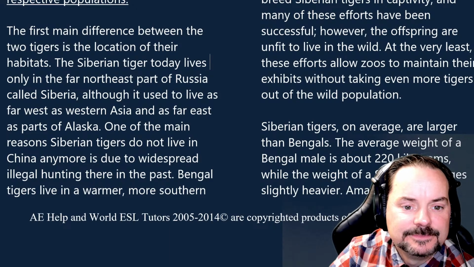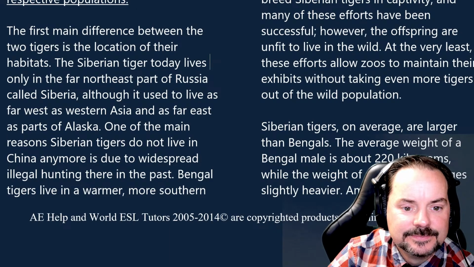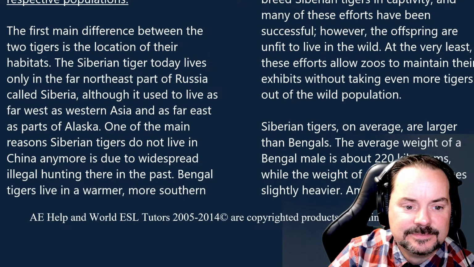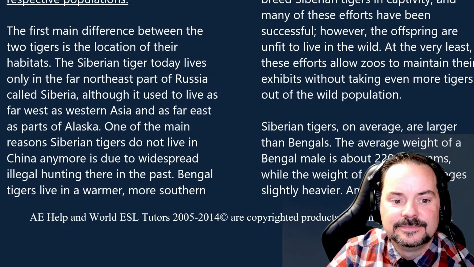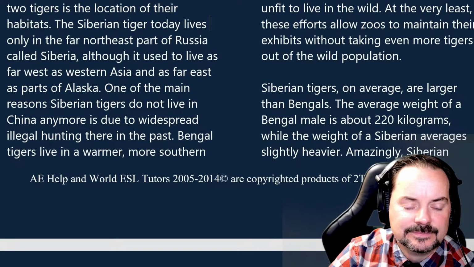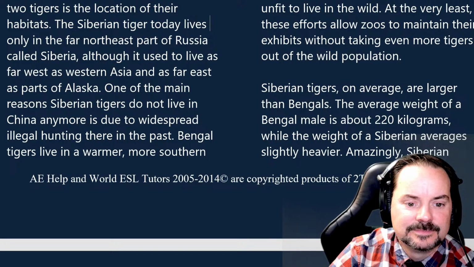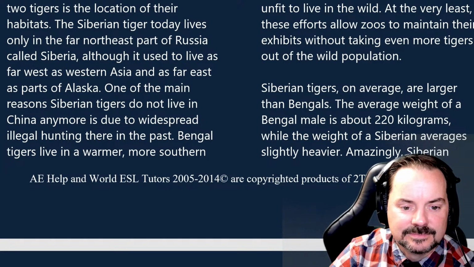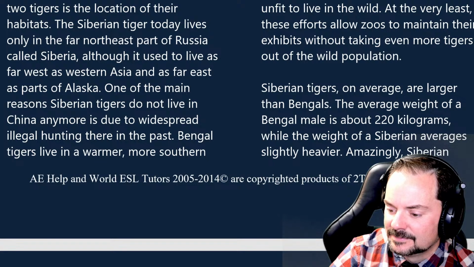The first main difference between the two tigers is the location of their habitats. The Siberian tiger today lives only in the far northeast part of Russia called Siberia, although it used to live as far west as Western Asia and as far east as part of Alaska. One of the main reasons Siberian tigers do not live in China anymore is due to widespread illegal hunting there in the past.